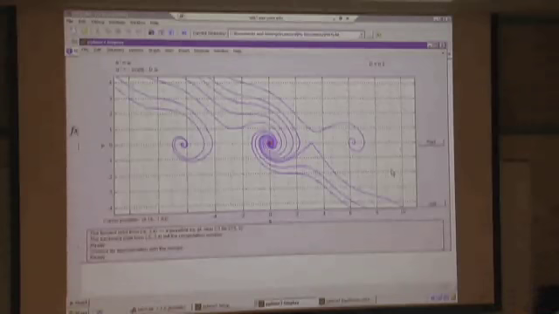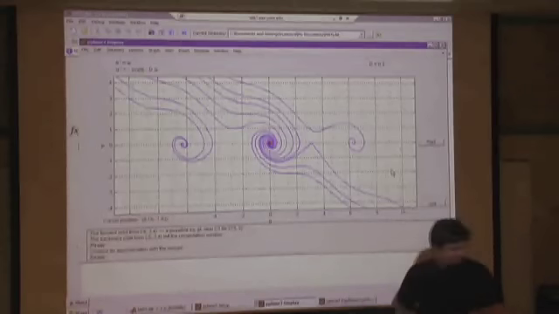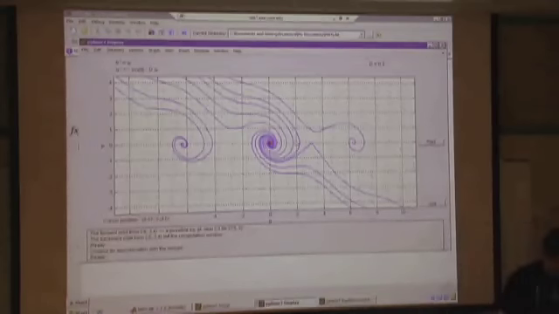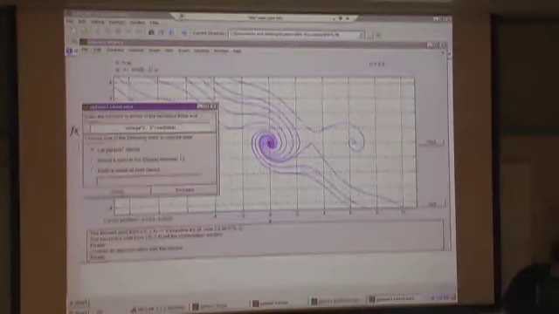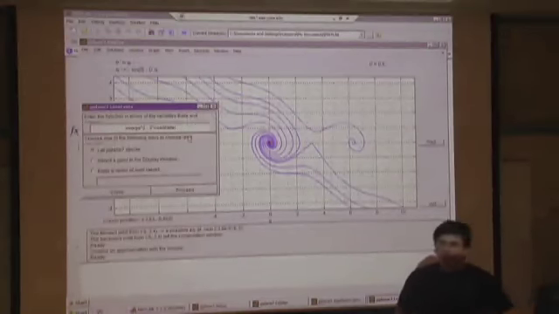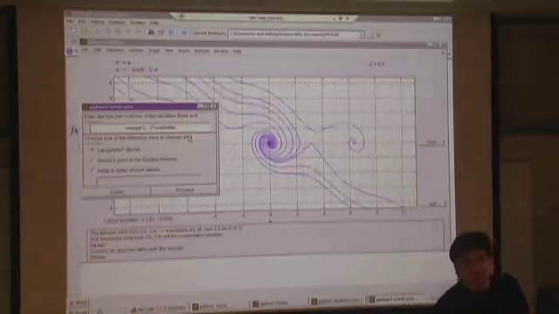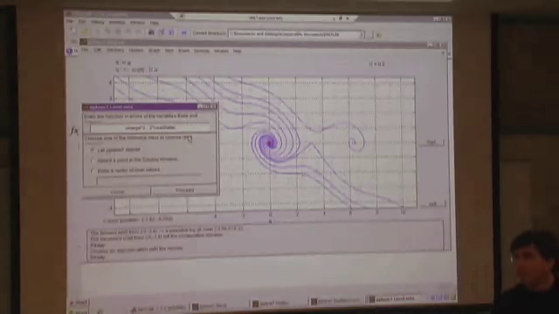Okay? Now, what you are saying is basically, let's see if we have a Lyapunov function.